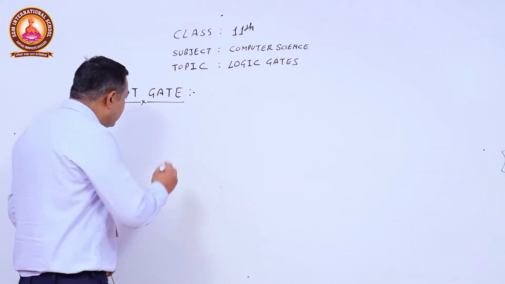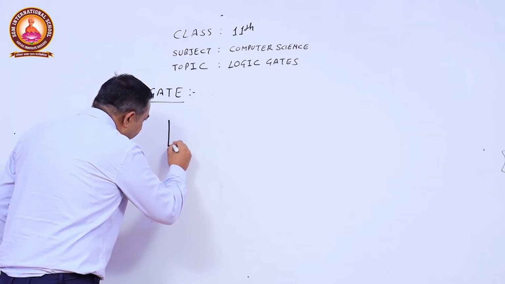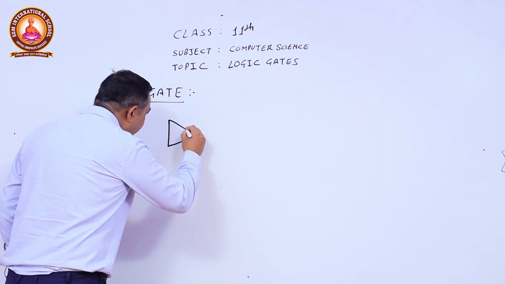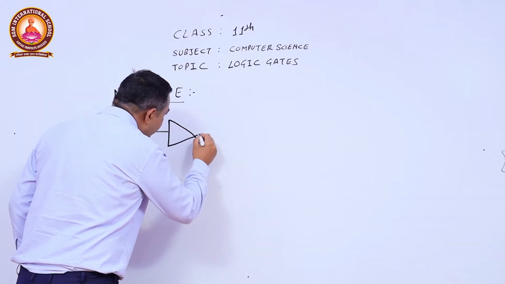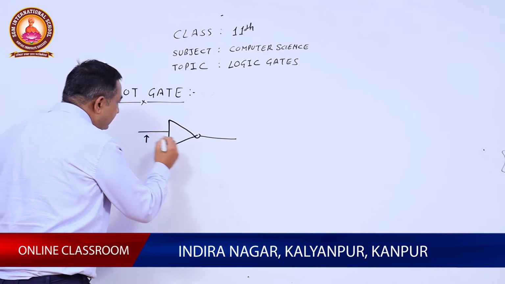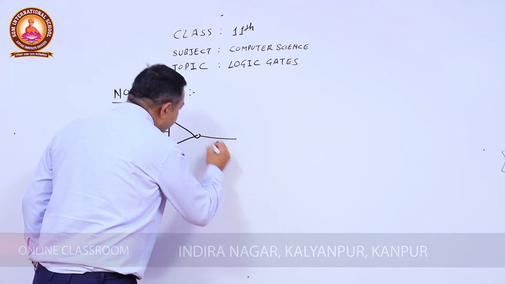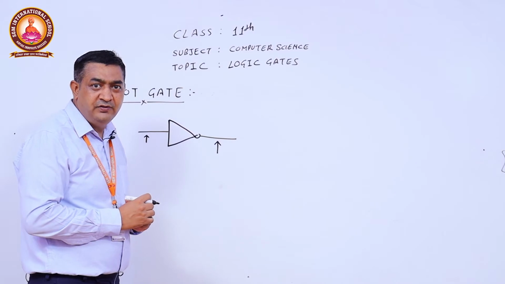NOT gate. This is the symbol of the NOT gate. This one is the input side and this is the output. Input is represented in the form of a variable.